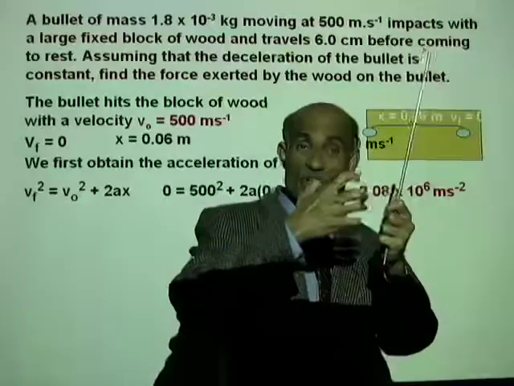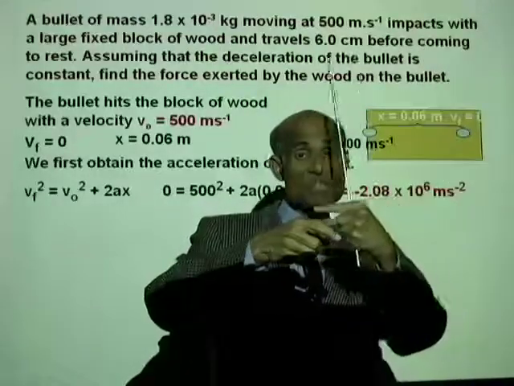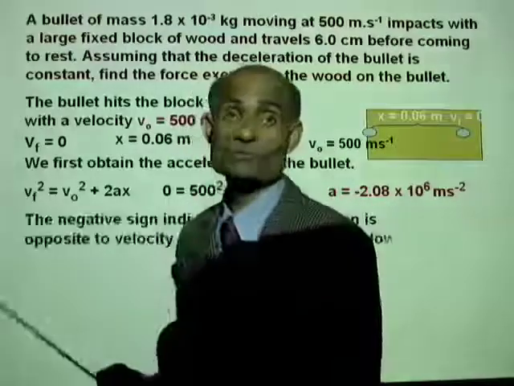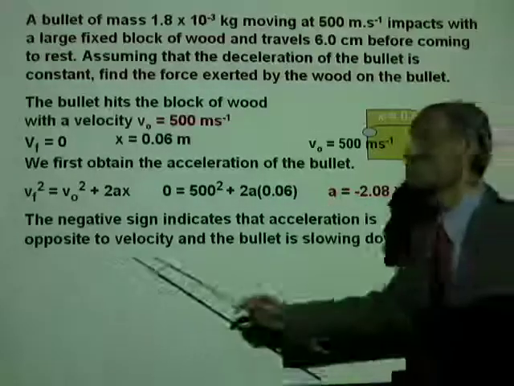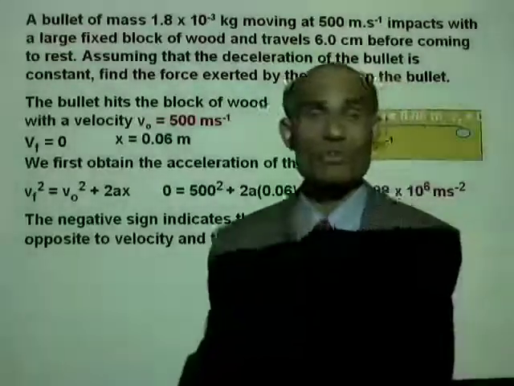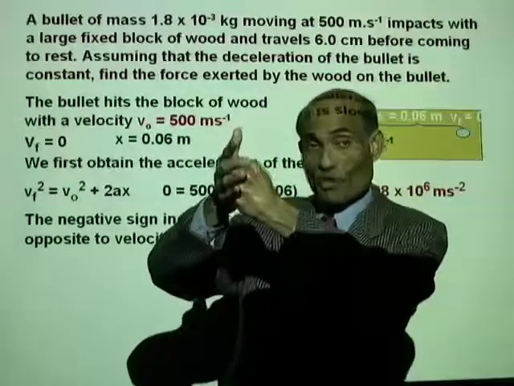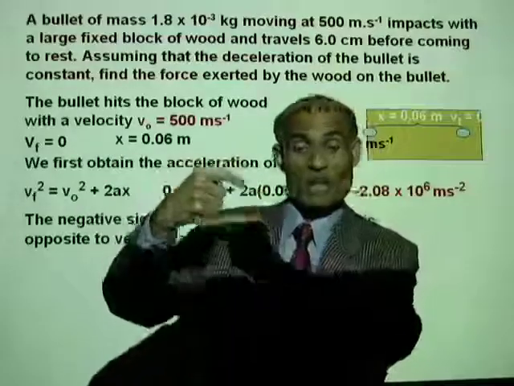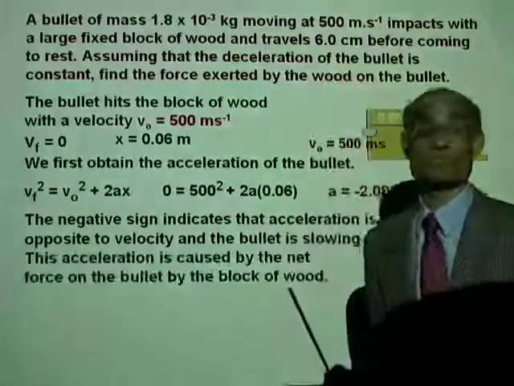In other words, the force applied by the wood on the bullet is directed opposite to its motion. So that is the net force. The negative sign indicates that the acceleration is opposite to the velocity. The bullet is moving forward. The force applied by the wood is in the opposite direction. That means the acceleration is opposite to velocity.